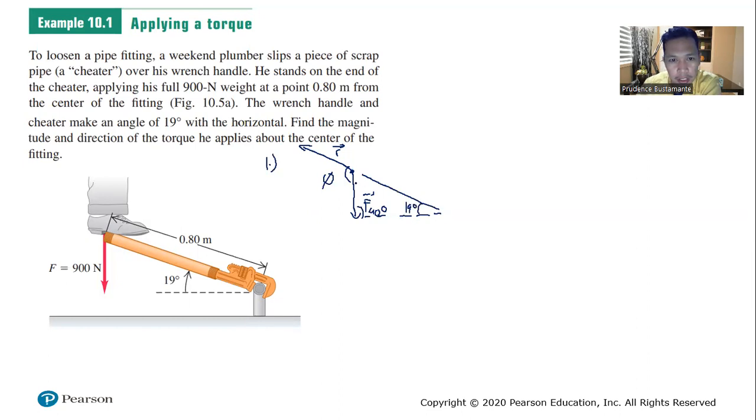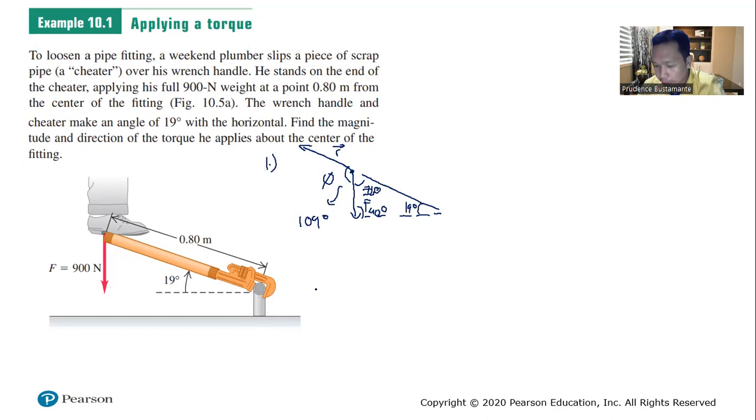So this one here is 71 degrees. If that is 71, and this is 180, then this one is 109 degrees.